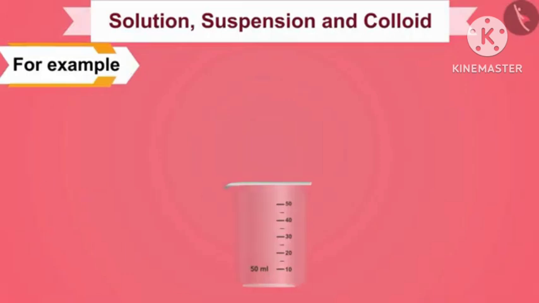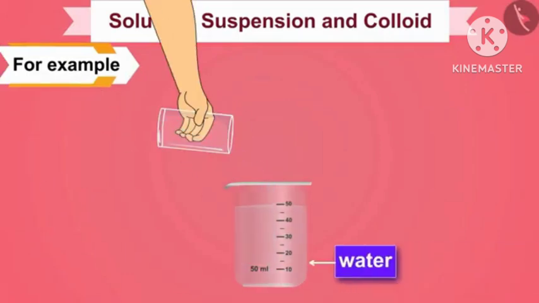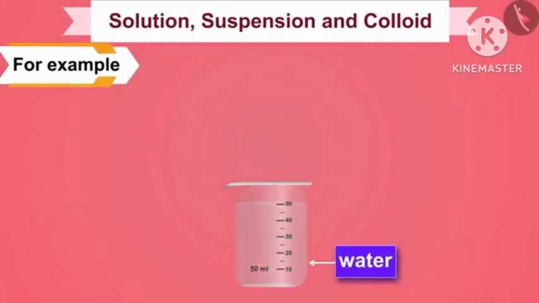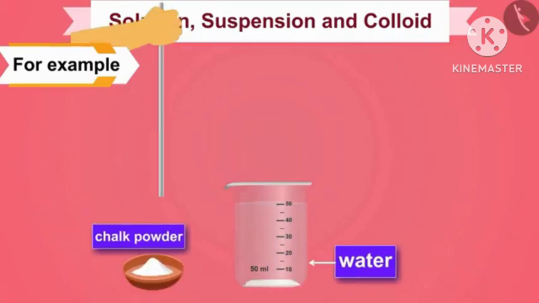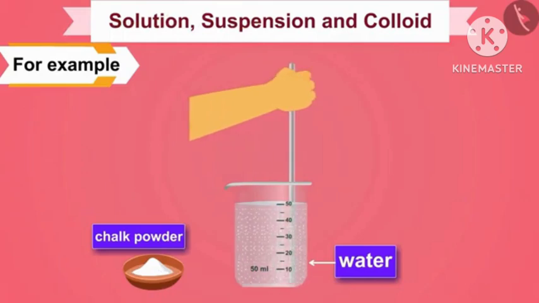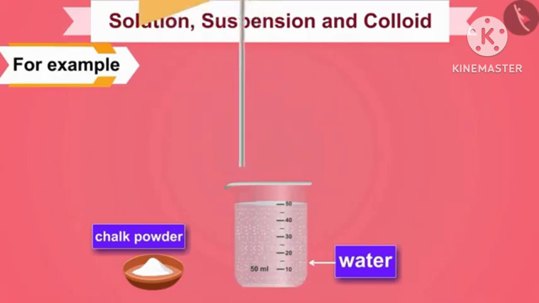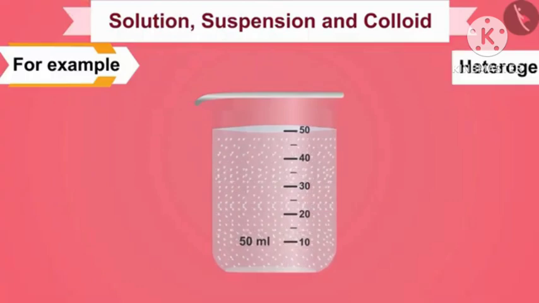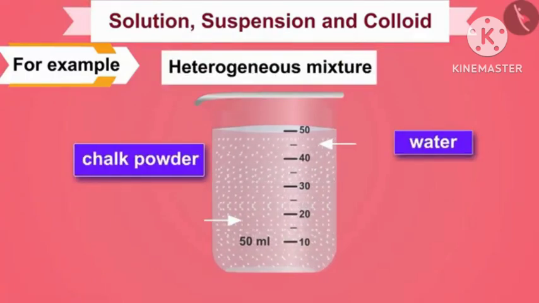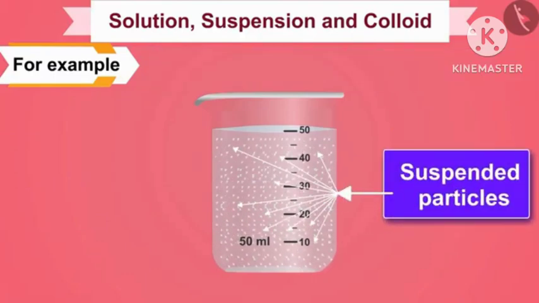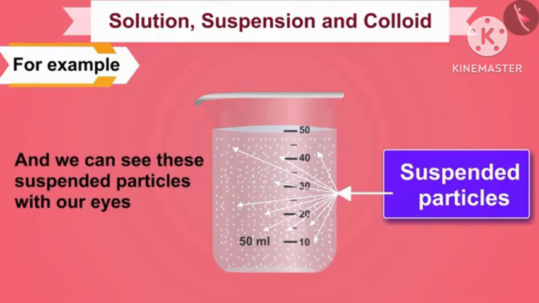For example, take 50 ml of water in a beaker and add 1 teaspoon of chalk powder with the help of a glass rod. What do you see? This is a heterogeneous mixture in which the solute does not dissolve but remains suspended throughout, and we can see these suspended particles with our eyes.